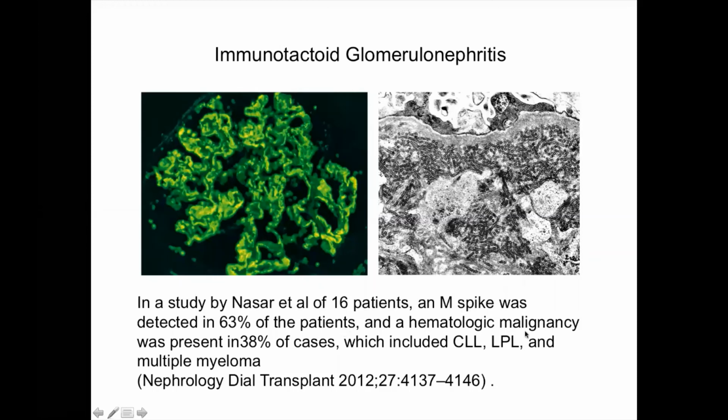And there was a hematological malignancy in 38% of these patients, and those would include CLL or multiple myeloma. So it's very important that we flag these diseases because the patient will need a bone marrow and probably a PET scan to look for hematological malignancies.